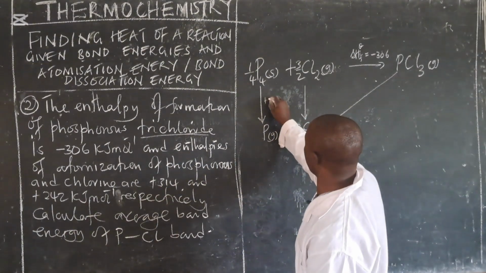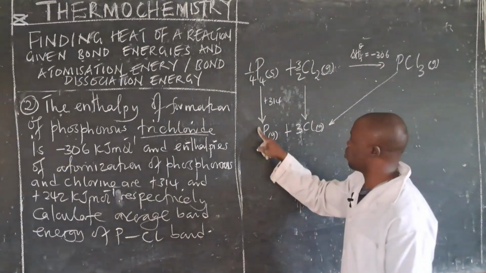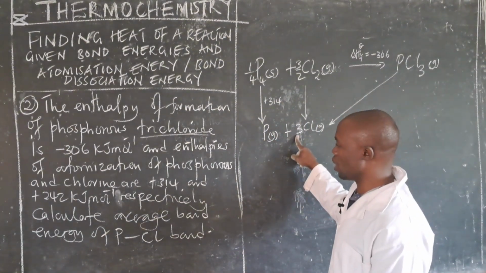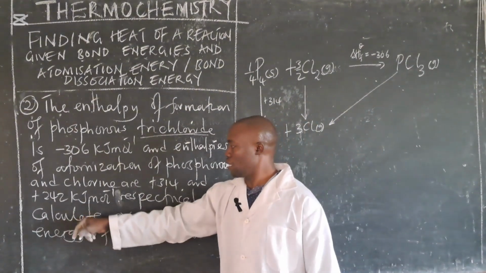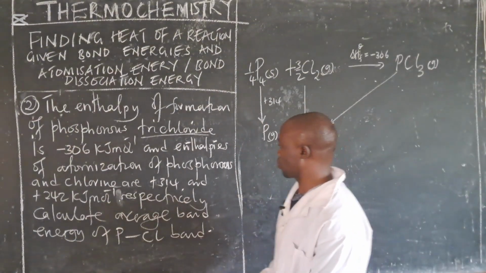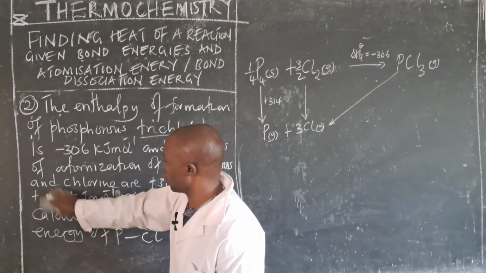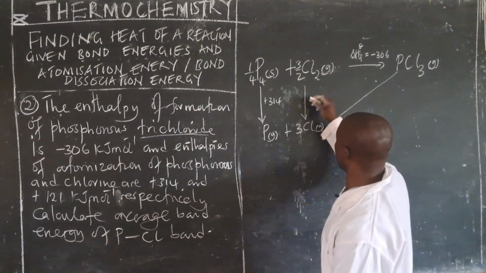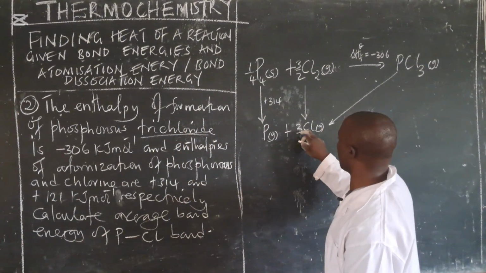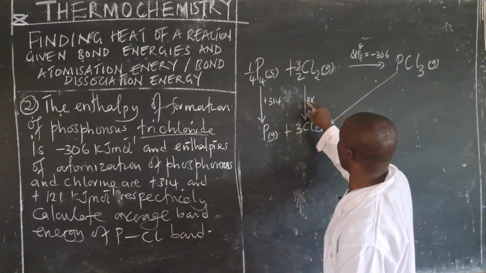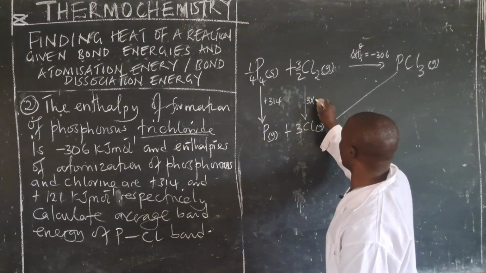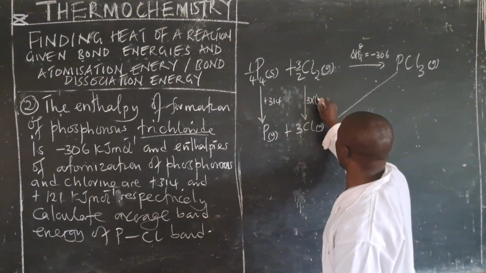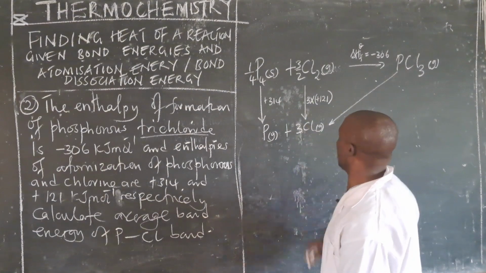Phosphorus is positive 314 because I have 1 mole here, but for chlorine, atomization energy is 242 out of 2, in fact this is 121. So that is atomization. Since I formed 3 moles here, I will multiply by 3. This 3 is because of forming 3. So this will be positive, 121 there.